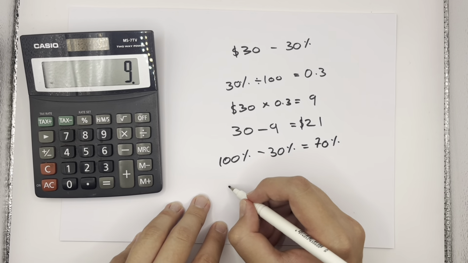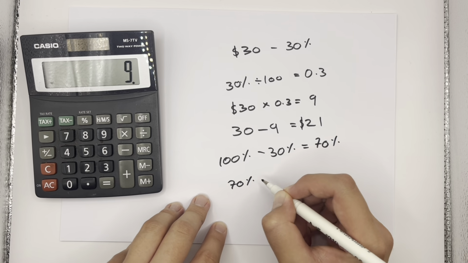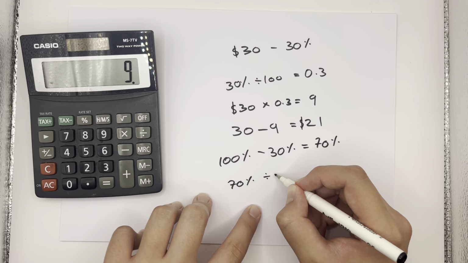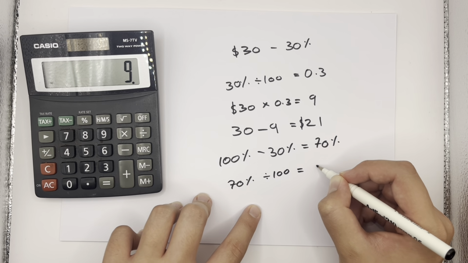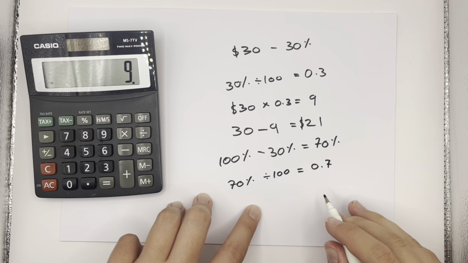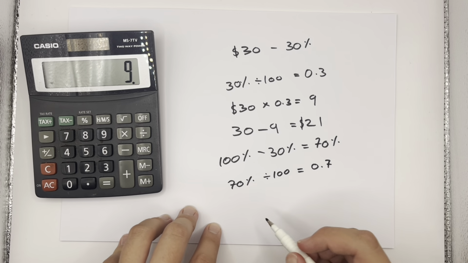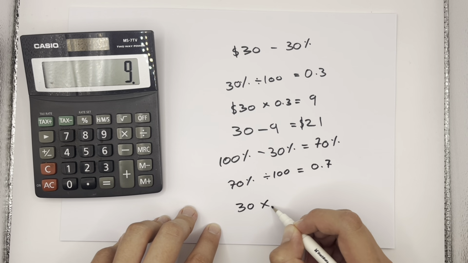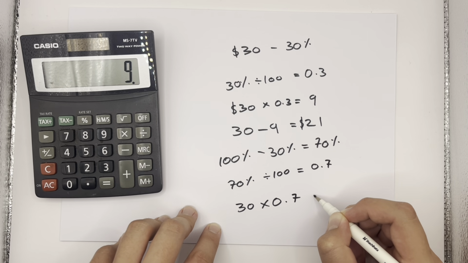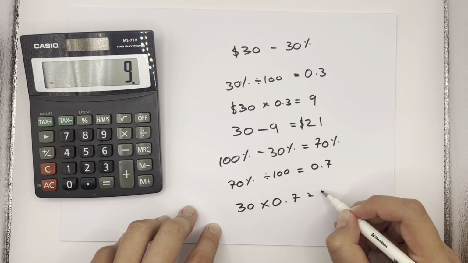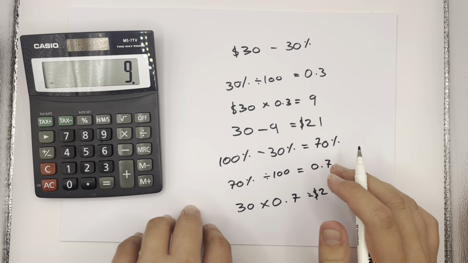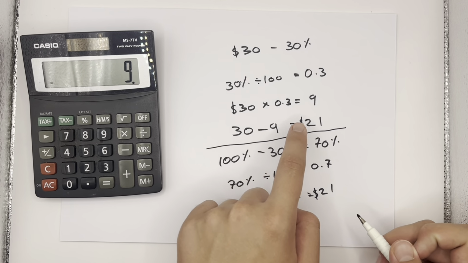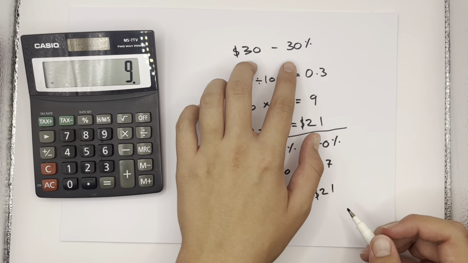And if we turn 70% into a decimal by dividing it by 100, we get 0.7 as our decimal. What we can now do is just go straight to 30 times 0.7, which also gives us 21. Therefore, with both these methods, you can work out the cost of the t-shirt when it's on discount.